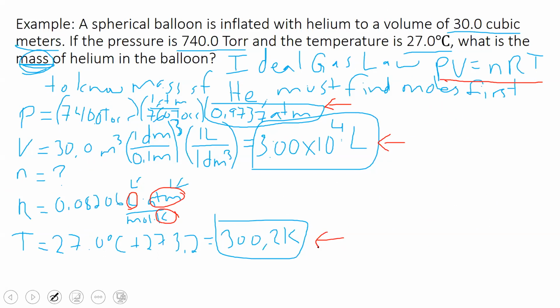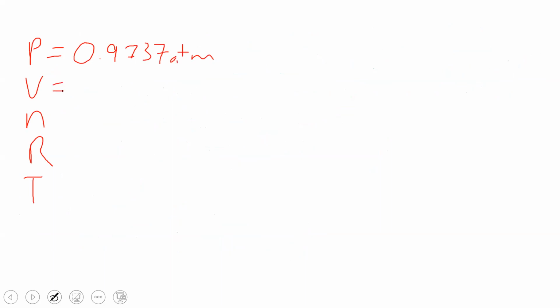So let's put down the things that we know on our next slide, and we can finish up the calculation here. So we've got P, V, N, R, and T. So the pressure we calculated to be 0.9737 atmospheres. The volume we calculated to be 3.00 times 10 to the 4th liters.